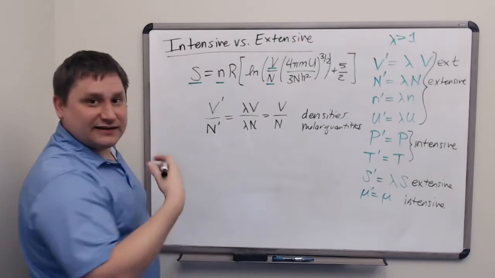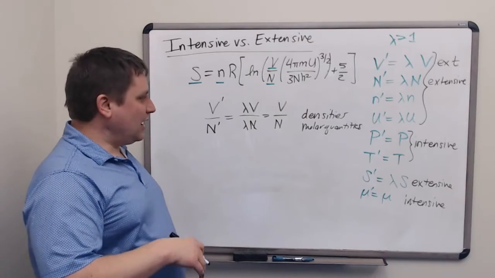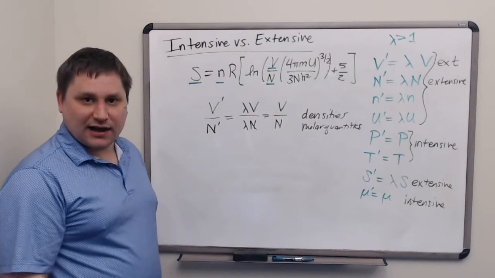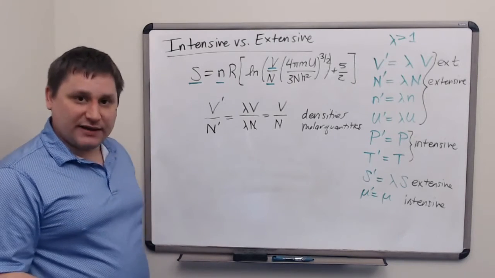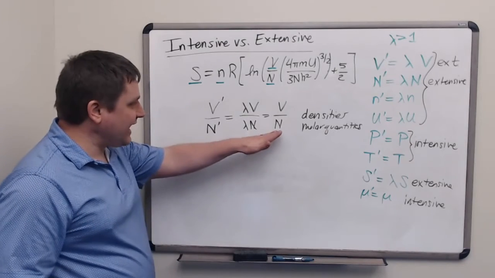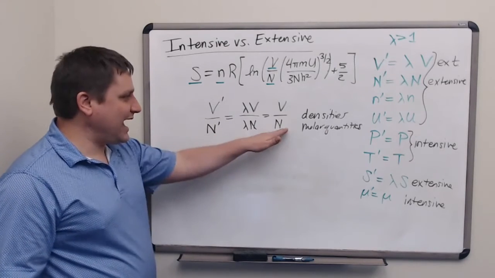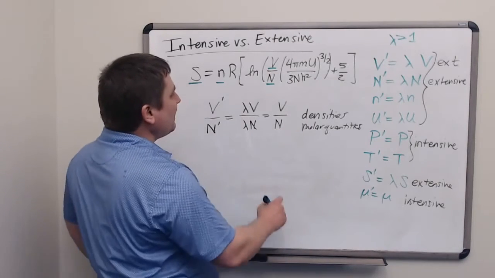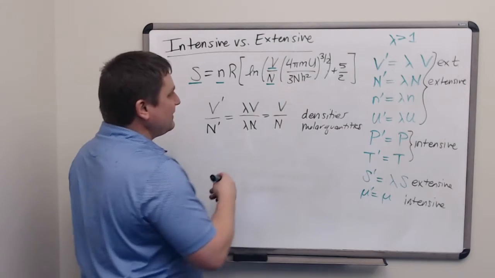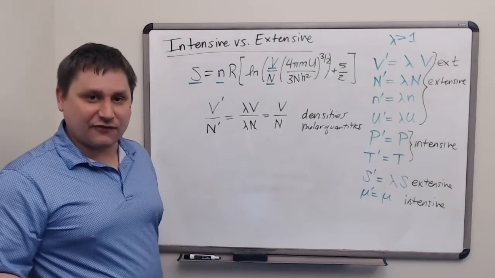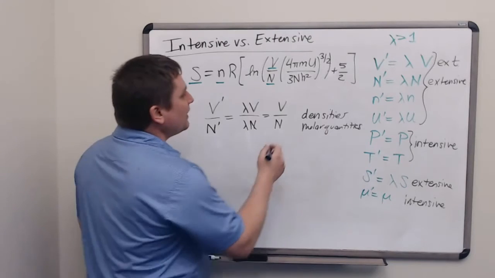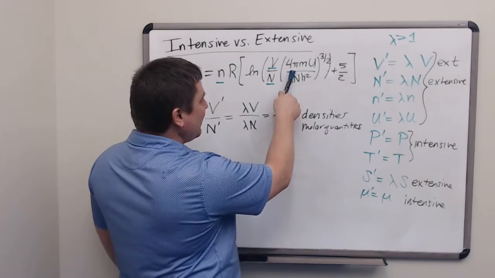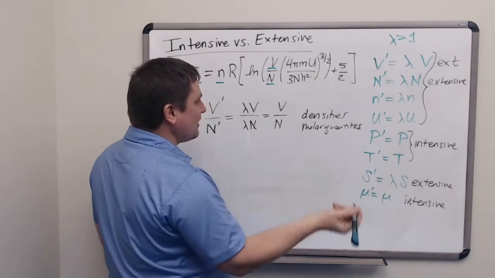So if we have things like densities or quantities per mole, molar volume, molar internal energy, those will also be intensive because they don't scale. They have the same value before and after the scaling. Right? This lambda cancels out. So inside of our logarithm, back to here, we've got the V and the N. The ratio of V to N is an intensive quantity, so that doesn't change. Where else do we have intensive or extensive quantities? Pi, m, h bar, those are all constants.